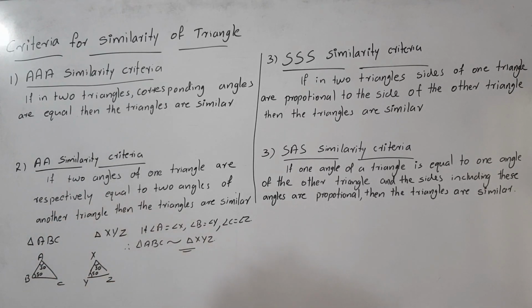Then it is very clear what the value of angle C is. Angle C is equal to 100. Correct? Why? The total of the angles is 180, so angle C is equal to 100.